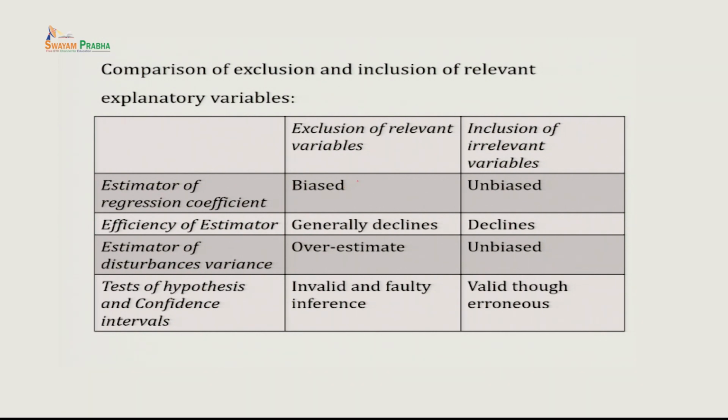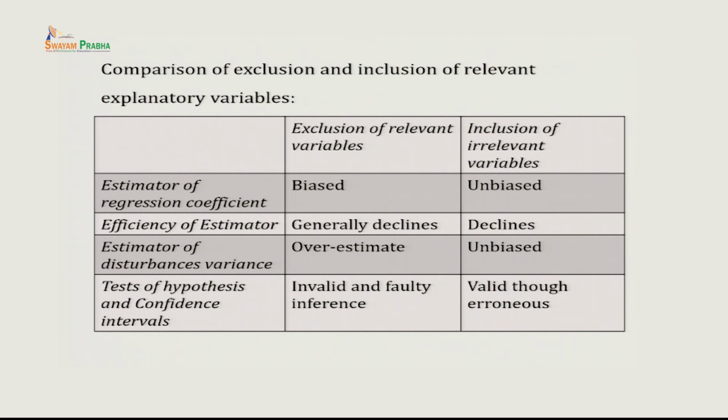But in case of misspecification by inclusion of irrelevant variables, it does not become biased, it still remains unbiased. Then the efficiency of the estimator declines in both the cases, when we exclude the relevant variables or when we include the irrelevant variables. In both the cases, it declines.